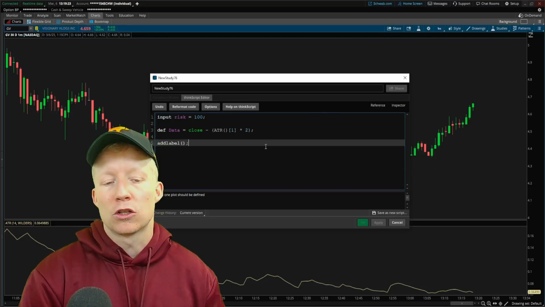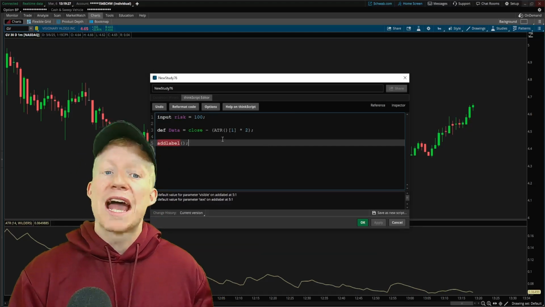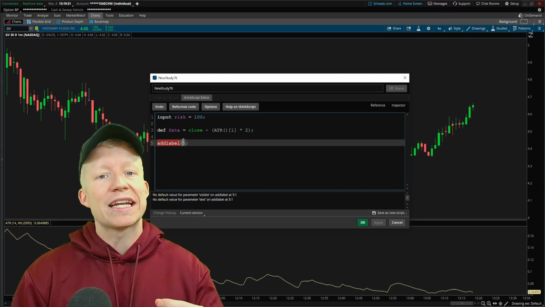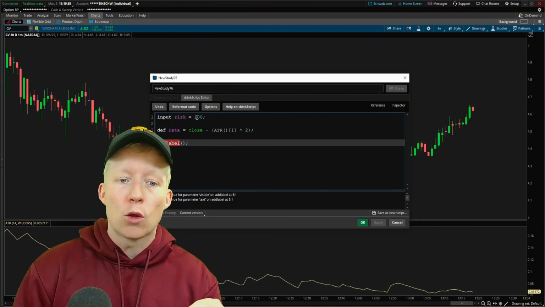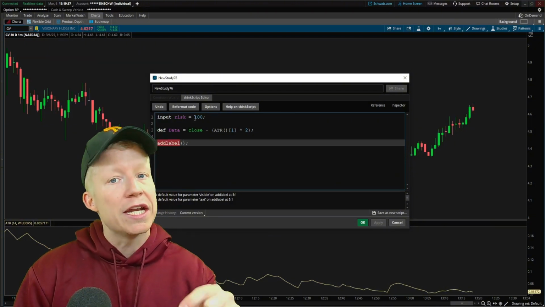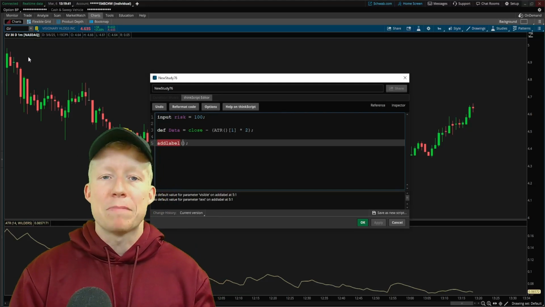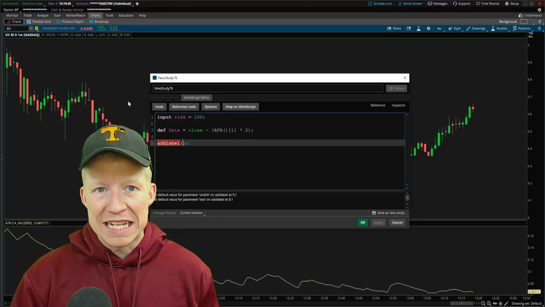Add label, open close parentheses, end every single line of code with a semicolon. And let's talk quickly about the parameters within this. Let's set up the add label function so that while we're working on this equation, we can see the data that we are working with. That will just make building the equation that much more clear and easy to understand.